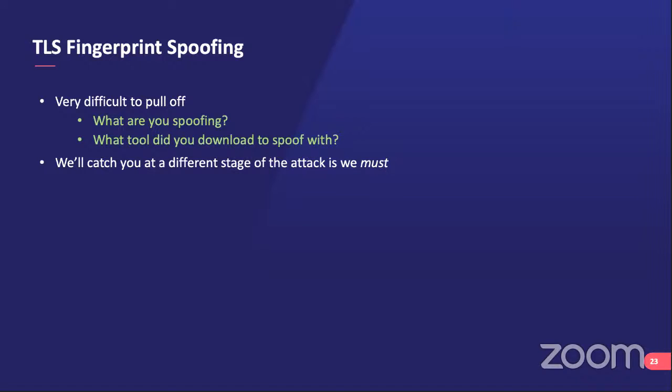And so in these corner cases where it's like, all right, fine, you look like everything else, I would hope that you're spoofing a browser, because if you're not spoofing a browser, then we'll probably just find out that the destination is weird for that application. The browsers are the only application where you can see it go to all sorts of sites, right? But in that case, you still have to download your malware. So in those cases, we have to catch you at a different stage of the attack, for example the download stage, and that's what we'll do.